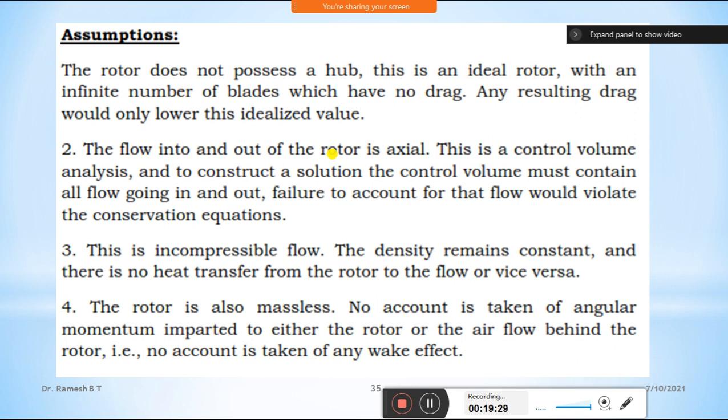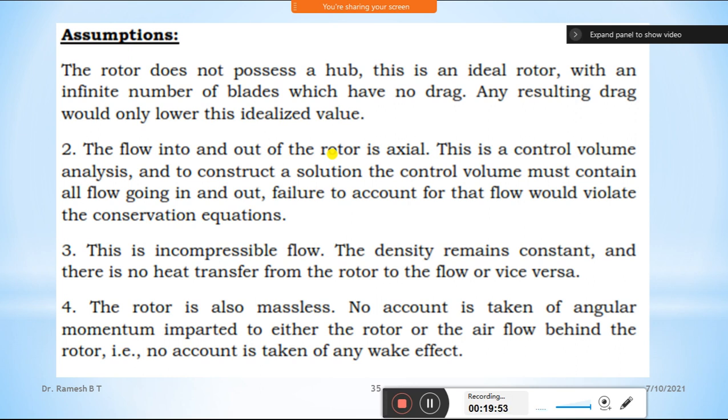And no heat transfer. There is no heat transfer from the rotor to the air or from the air to the rotor, only the force is transferred. The energy is only transferred, there is no heat flow. And the rotor is also massless. Here we consider that the rotor is massless.